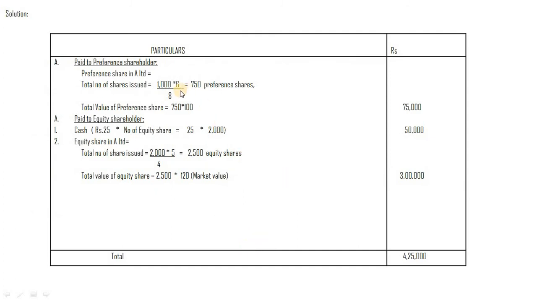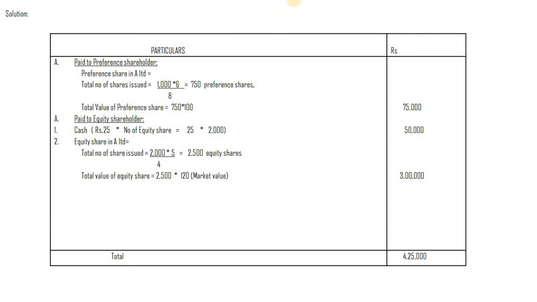Now you can see it here. Total number of preference shares issued will be 1000 divided by 8, right? Then it is multiplied by 6 and now they are getting 750 preference shares, which will be issued to the 1000 preference shares of the B Limited, and value of each preference share in A Limited is rupees 100.